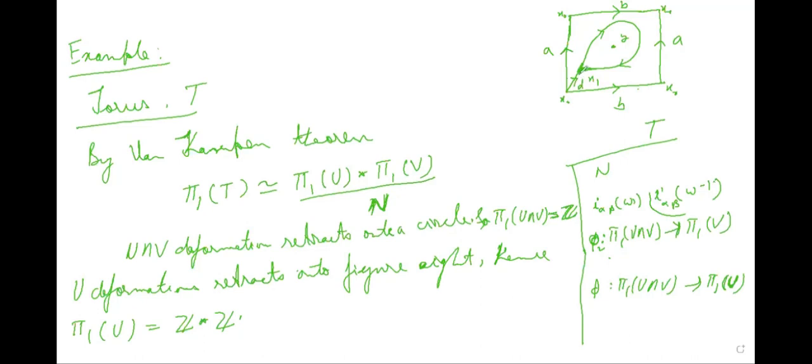If you take a loop here, how is it going to be mapped? When you consider the homomorphism here, consider the loop class of this, right?